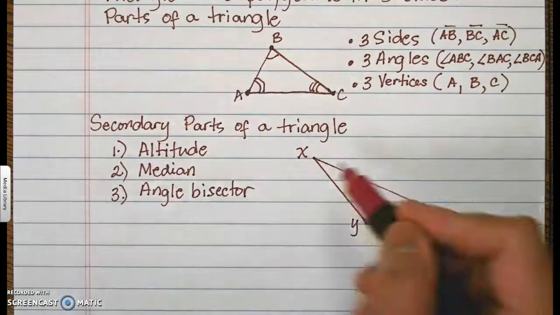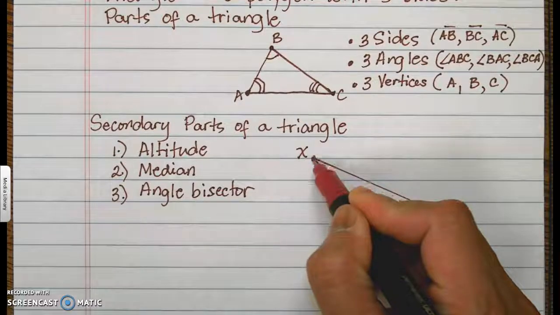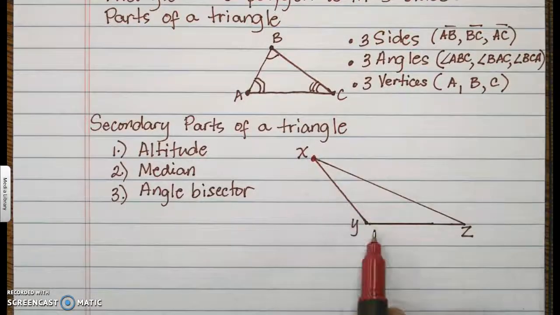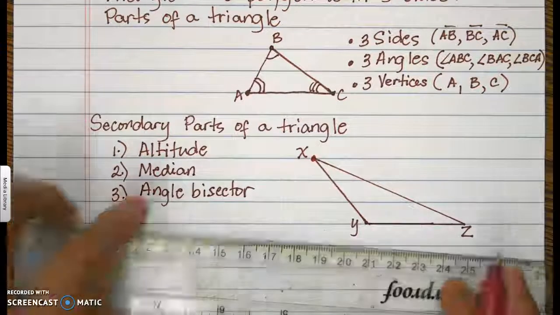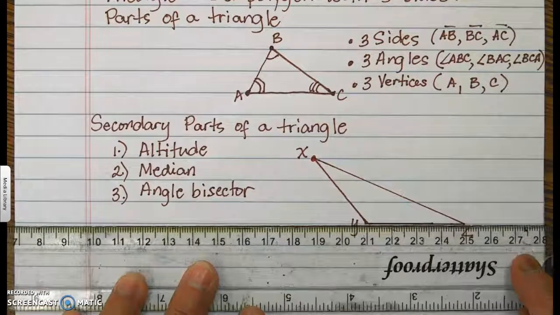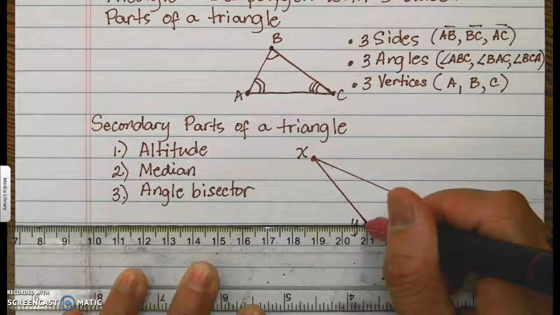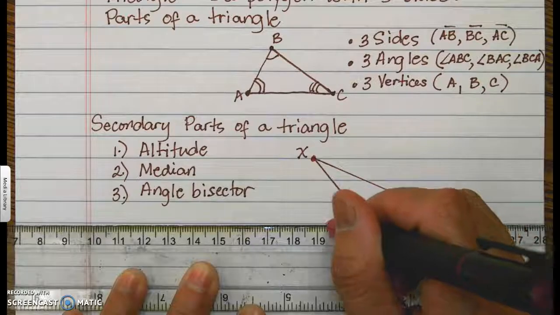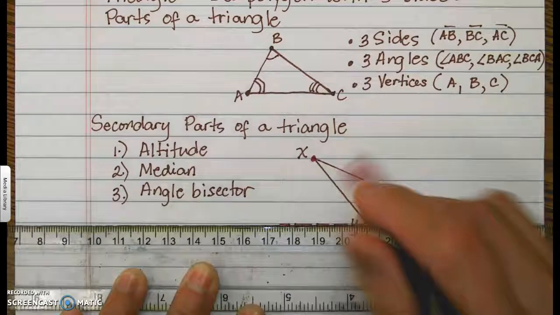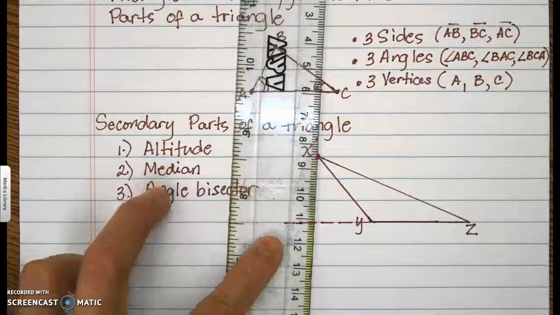So if this is my first vertex and I want to draw the altitude to this opposite side, I will have to connect a perpendicular segment from that vertex to the line that contains this opposite side. In this case, I will have to extend it because the altitude will be found here.